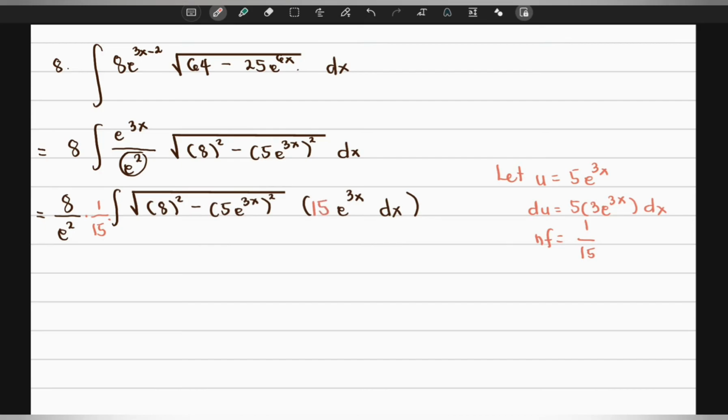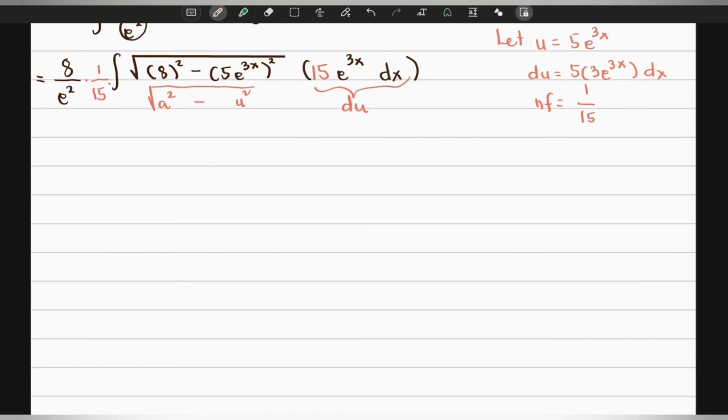So, para this one takes the form square root of a squared minus u squared du. Yan. Ito na guys yung kompleto na du. And then, ito ay square root of a squared minus u squared. Okay. Pwede na tayo mag-solve.